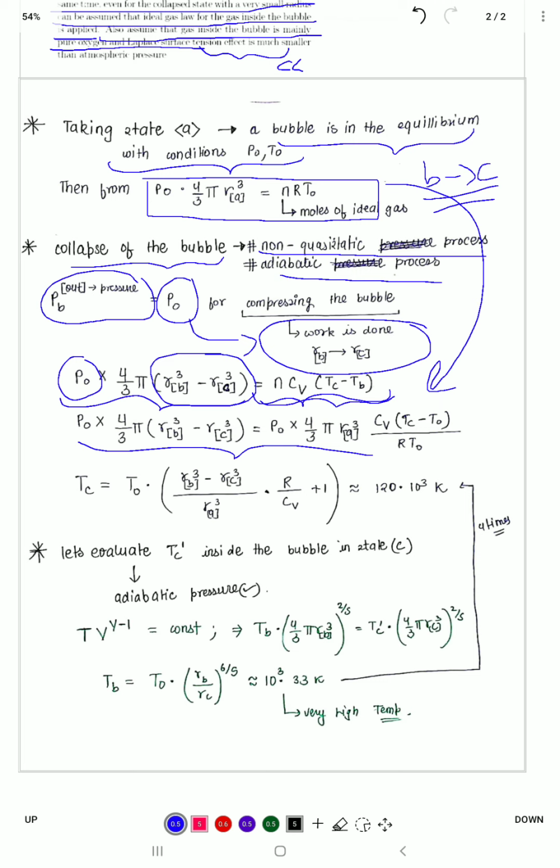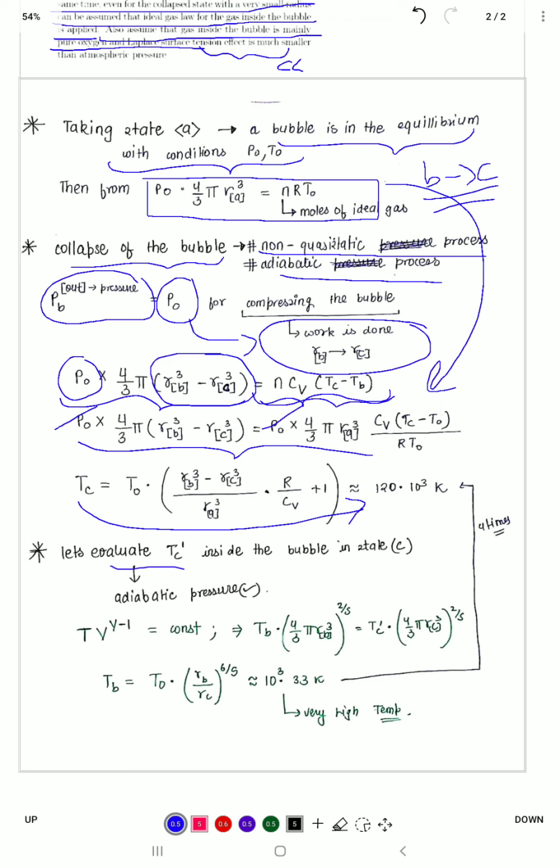In the previous question where we discussed the Keller-Miksis equation formulation, there we saw one term as PA. That term was the driving pressure. So the driving pressure gets cancelled when the bubble is stabilized, and here we get the temperature.